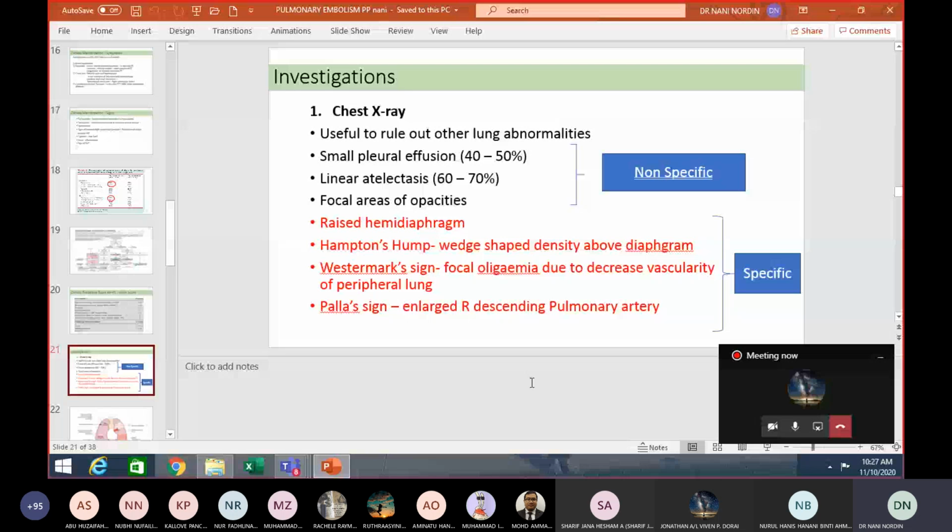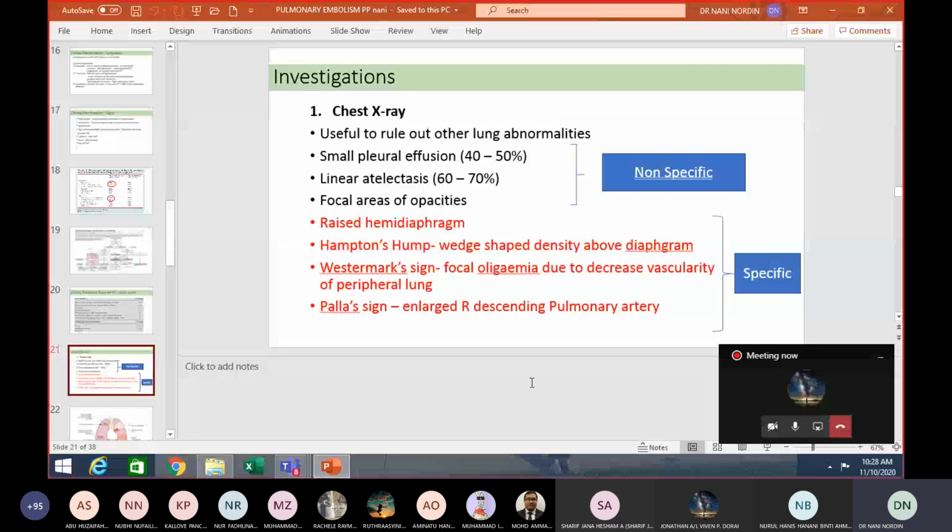There are a few non-specific changes. You might see pleural effusions. You might see atelectasis, what we call linear atelectasis, where the part of the lung that is collapsed forms linear lines. And you might see focal areas of opacities because of the blockage.